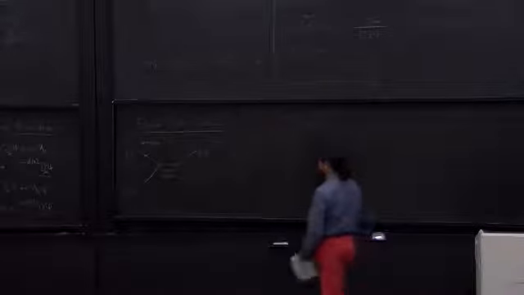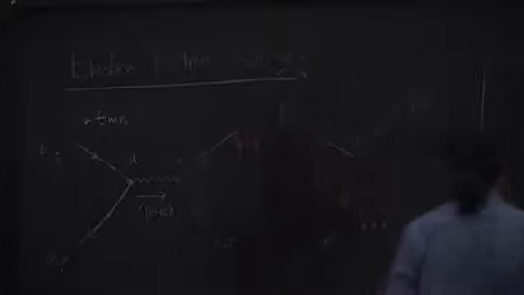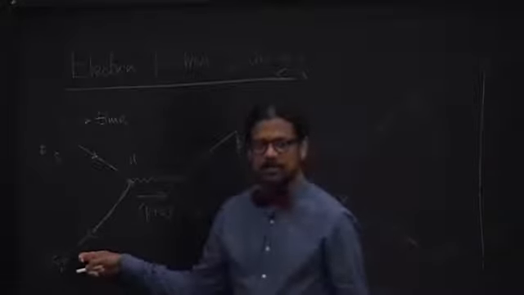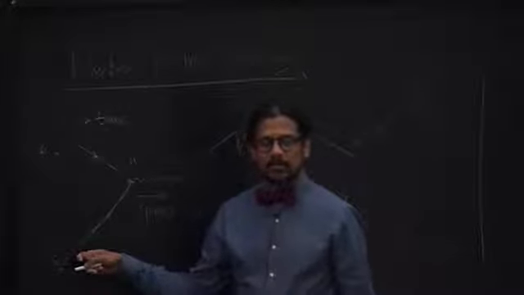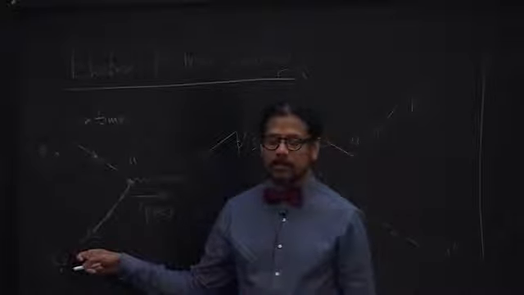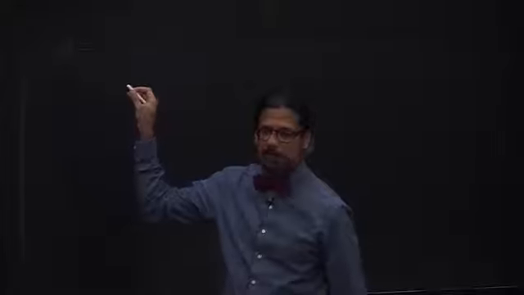Can someone tell me what I should get for, say, this fermion line? I start against the arrow, so I start here. Is this an incoming electron or anti-electron? Anti-electron. So what factor should I write down here, U or V? V. Should the V have a bar or not? Yes, otherwise we won't get a scalar.